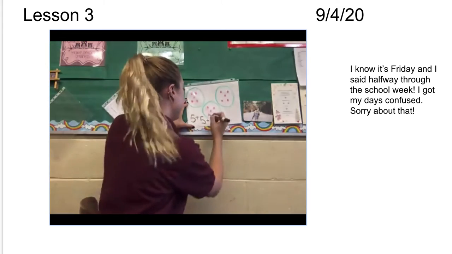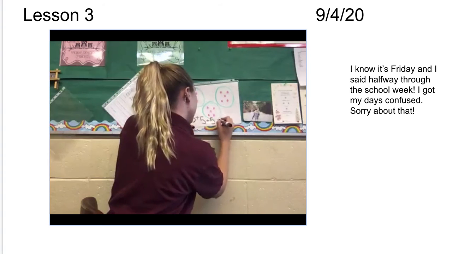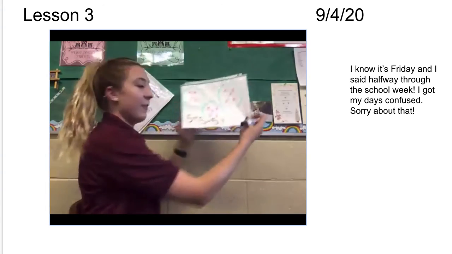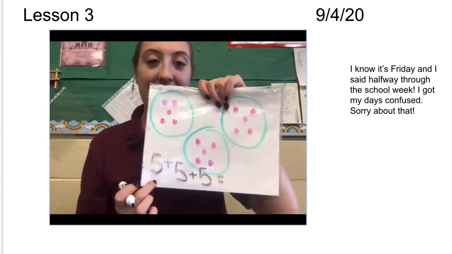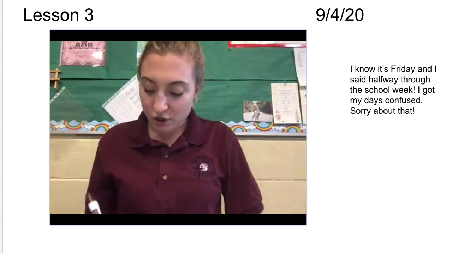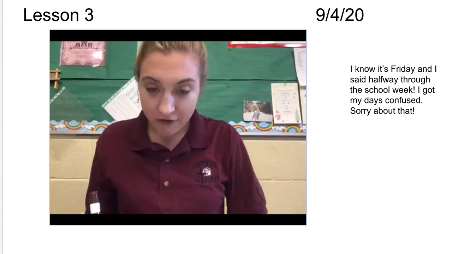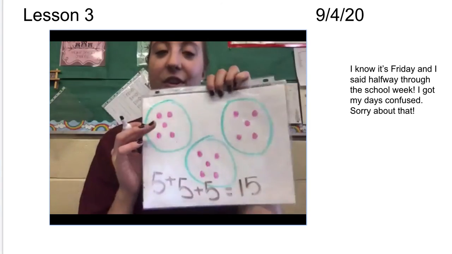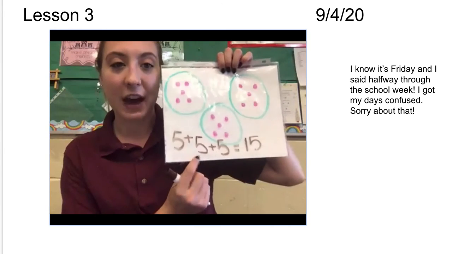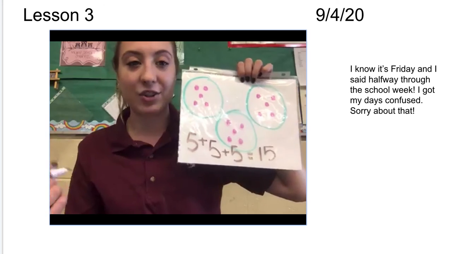Again, 5. Gives me a total of, we're going to skip count by 5s right here. 5, 10, 15. So it gives me a total of 15 dots. So this is my repeated addition sentence because I'm adding 5 plus 5 plus 5. I'm just repeating my addition.